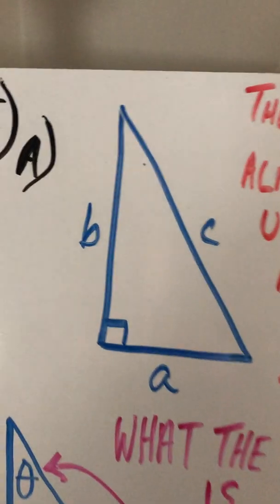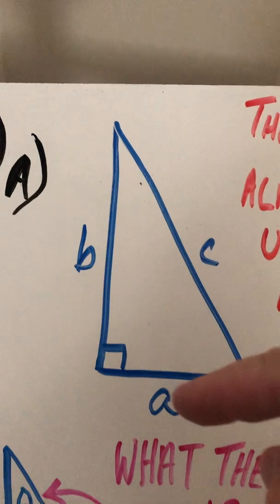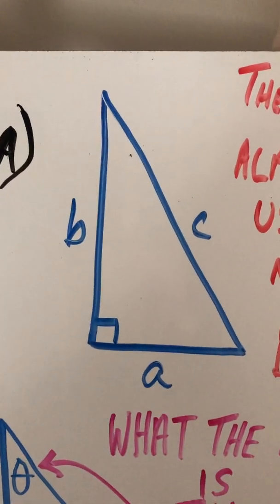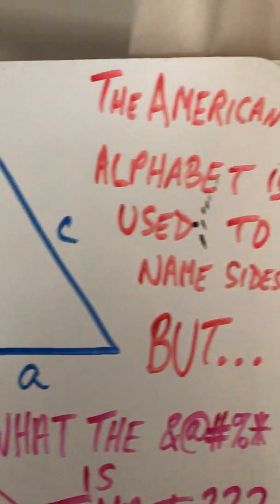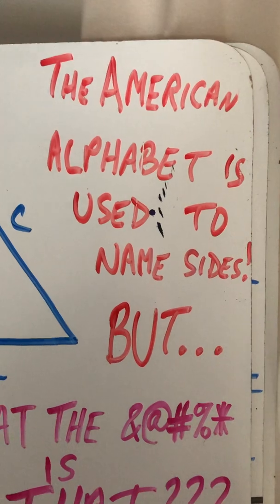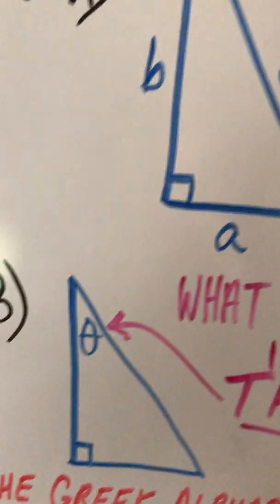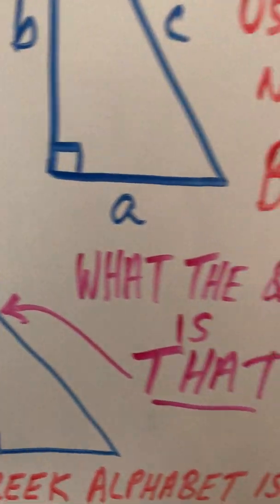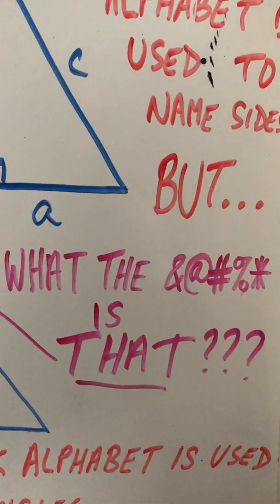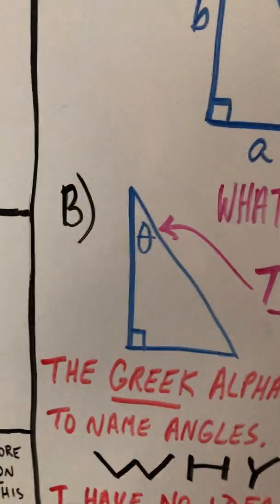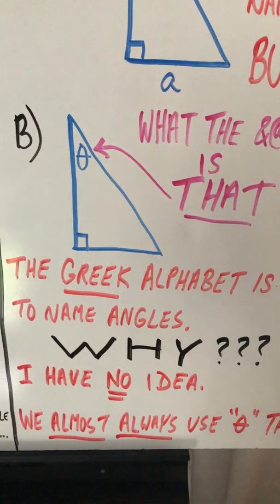Now, once again, we said this is A, this is B, and this is C. When we label sides of a triangle, the American alphabet is used to name sides. But what is that sign? Well, for some reason, the Greek alphabet is used to name angles.